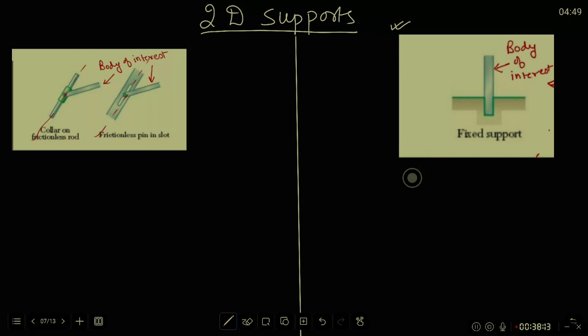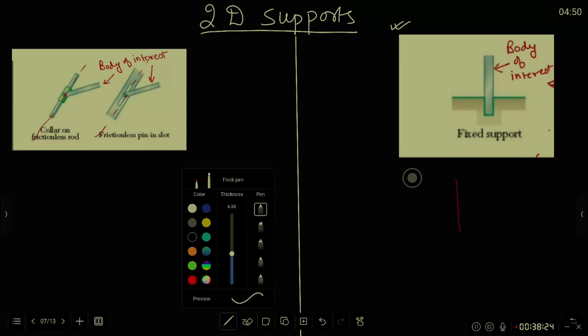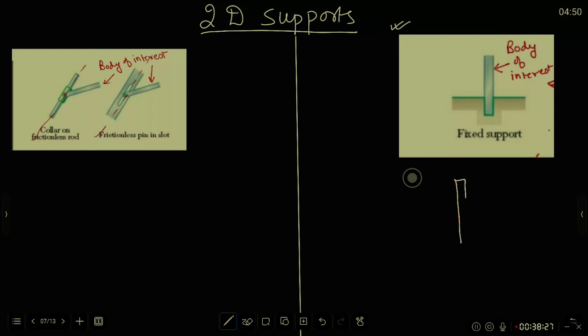And if I have to draw a truncated free body diagram of the blue body of interest, I will put Fx, I will put Fy, and I will put Cz also. Why do I put Cz? Because the nature of this support is such that if you try to rotate the body of interest about an axis which is perpendicular to the plane, this support is not going to allow you. It means it is capable of generating Cz, and that is why Cz will come here. Three unknown scalars.